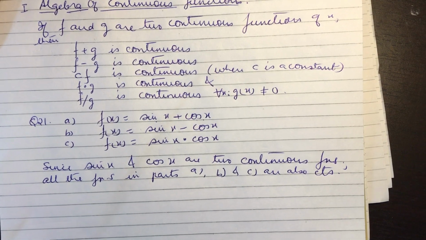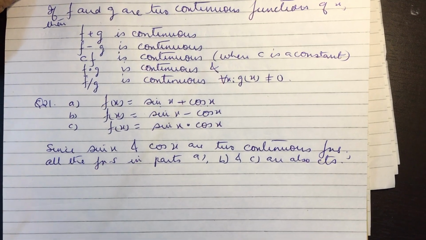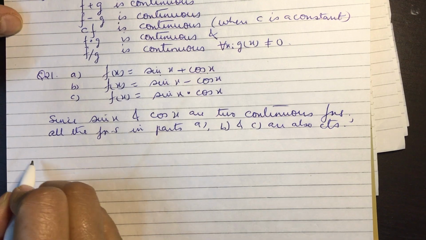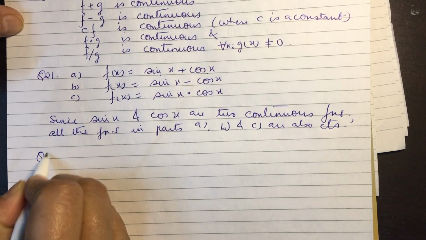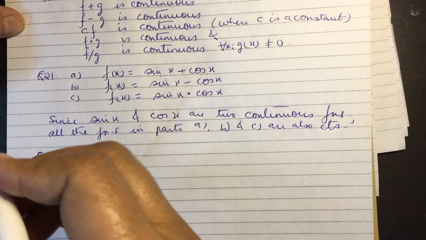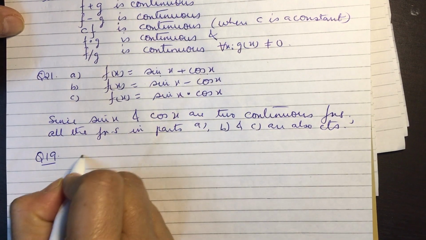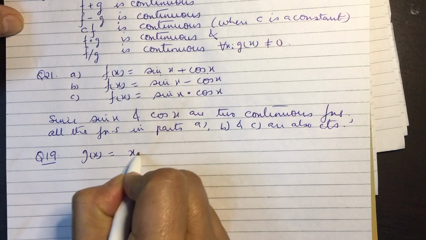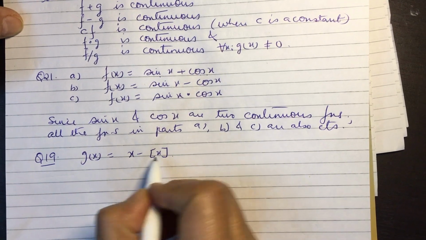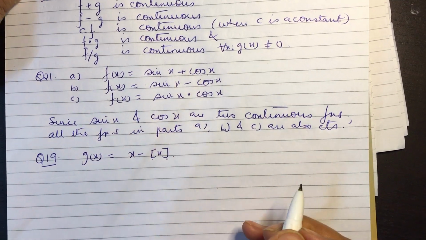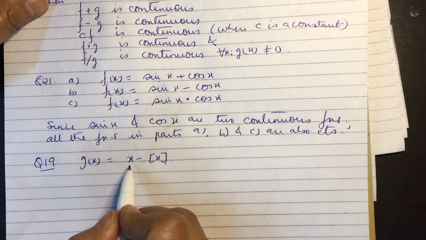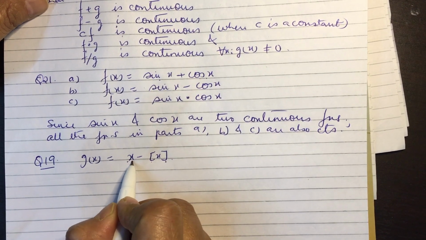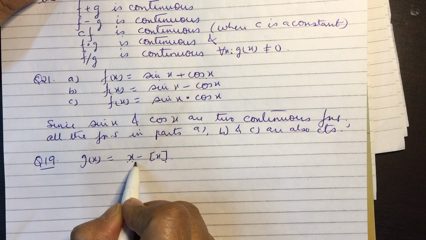Now, let's take up question number 19. Question number 19 says the function is defined by g(x) is equal to x minus the greatest integer function of x. Now, clearly x is continuous, it being a polynomial.